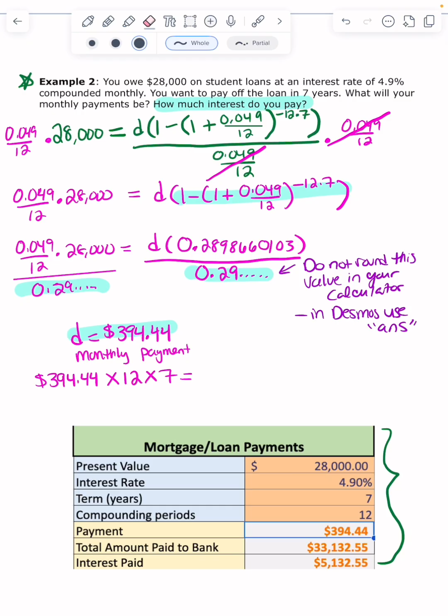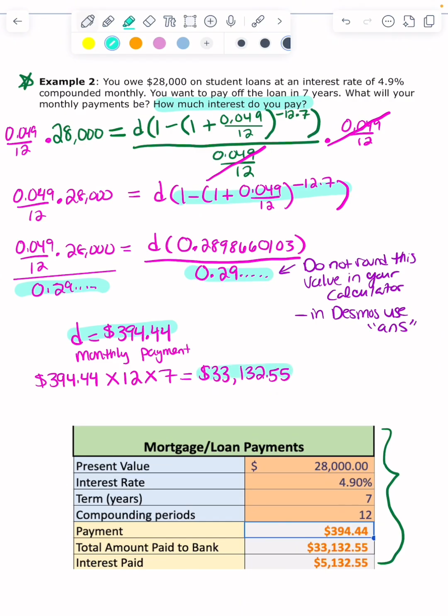So again, I'm going to use answer to get that 394 without rounding, multiply that by 12 and then by 7. And I came up with $33,132.55. It's okay to round there. So that's the total amount paid to the bank.